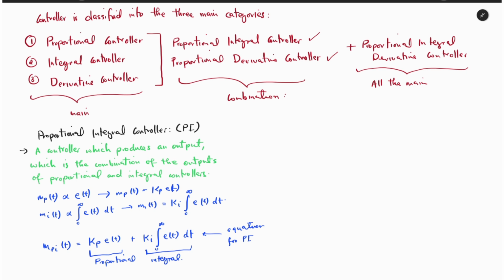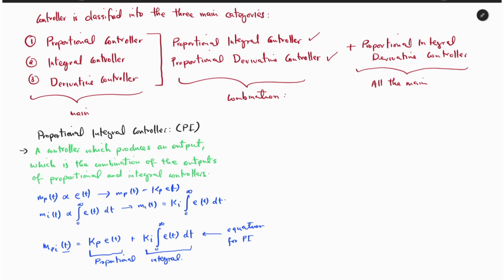In our later video, I will explain how we can draw the block diagram representation of all of these controllers that we have discussed. And also you have to remember that all our discussion in this video is based on the time domain. Therefore, we are describing all these signals with respect to time. That's why we have T here.